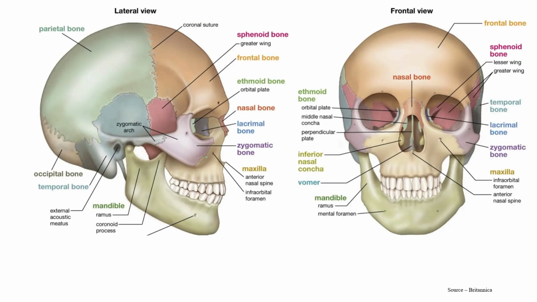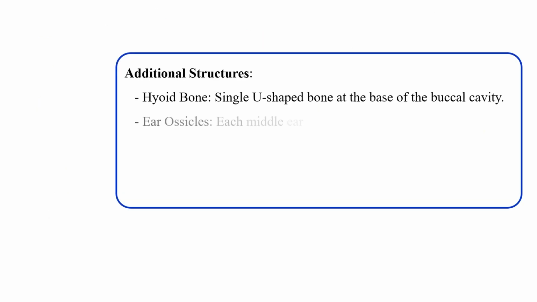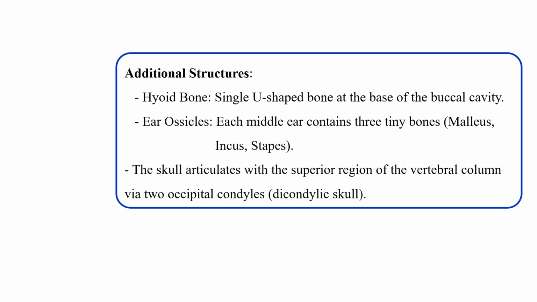These are the different bones present in our skull; this is the lateral view, this is the frontal view. Parietal bone, sphenoid bone, frontal bone, ethmoid bone, nasal bone, zygomatic bone, maxilla, mandible, occipital bone, temporal bone. There are so many bones, but there is no need to learn the names because this is not in your syllabus. Just know the number of bones.